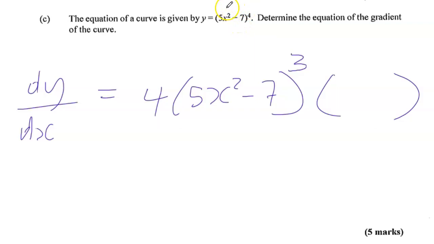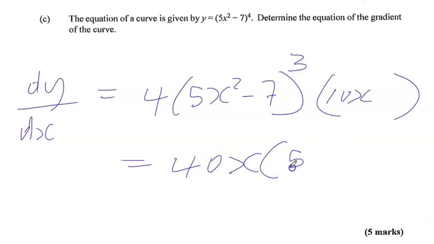Differentiate 5x squared, that's 10x, differentiate negative 7, any constant, that's 0. So we end up with 4 times the 10x will give us 40x, and the bracket 5x squared minus 7 to the power of 3. That's the best we can do with it.